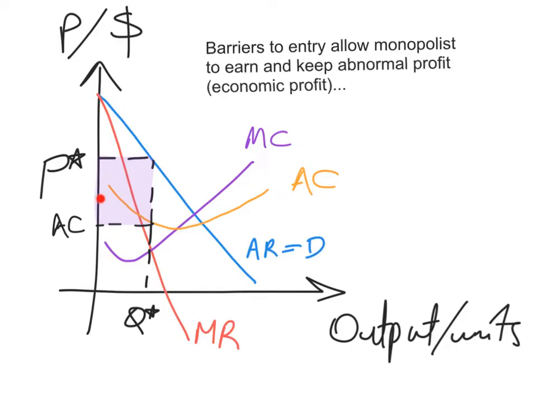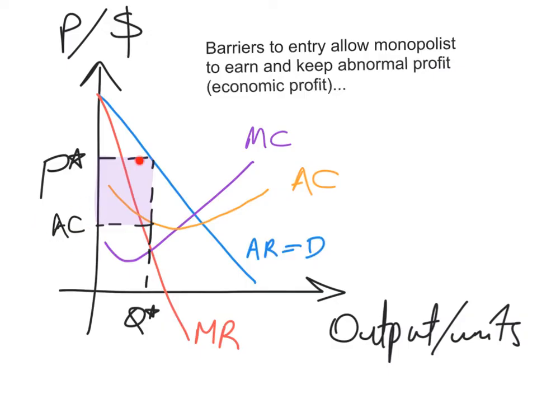So let's add the average cost curve and assume that this is a monopolist that is earning an economic profit. Once again, where marginal revenue intersects marginal cost, you go down to the horizontal axis to get the Q star, profit maximizing output. You go up to the demand curve to get the price, and where that line intersects the average cost curve, this will give you the average cost.